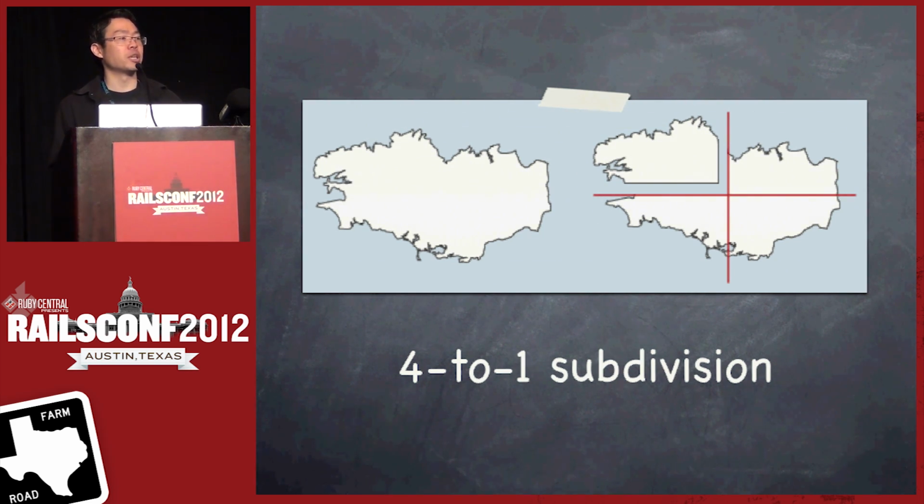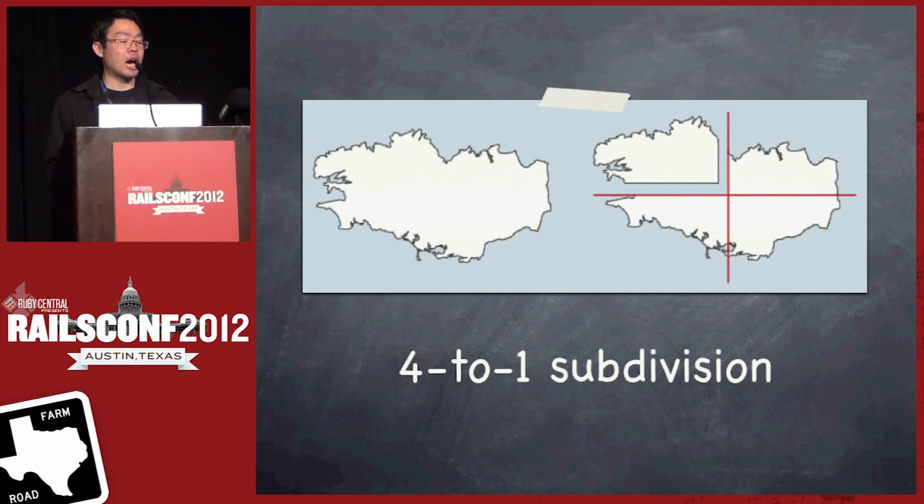Actually, it's about a quarter plus 2, for these 2 straight sides. But generally, you have a quarter of the size of the original polygon. And then if those smaller polygons are still too large, you just recursively repeat until all the polygons are the size that you want. Now you can take all those smaller polygons, store them in separate rows in the database, and now your database index can help you sort through all of that.